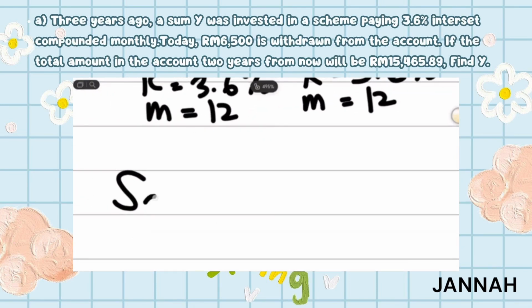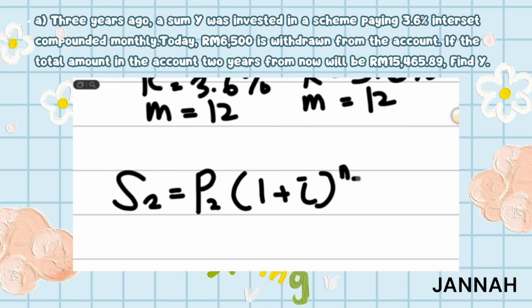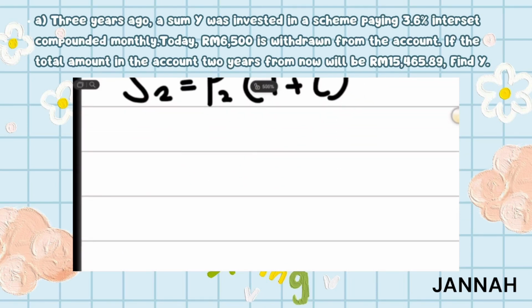So to find the S1, we have to use the compound formula, which is S2 equal to P2 (1 plus i) to the power of n. So now we just have to insert the amount into the formula so we can find the S1.